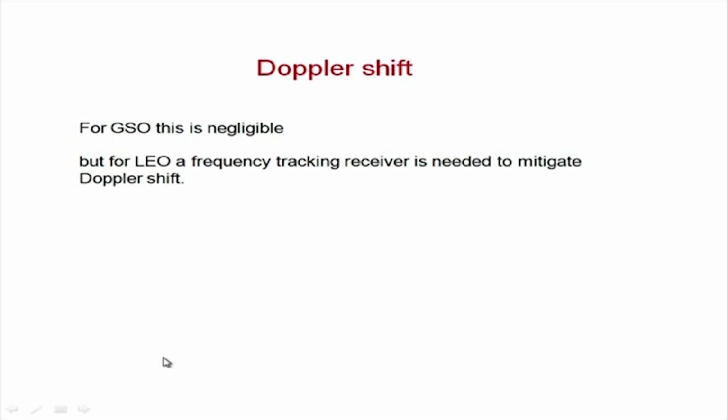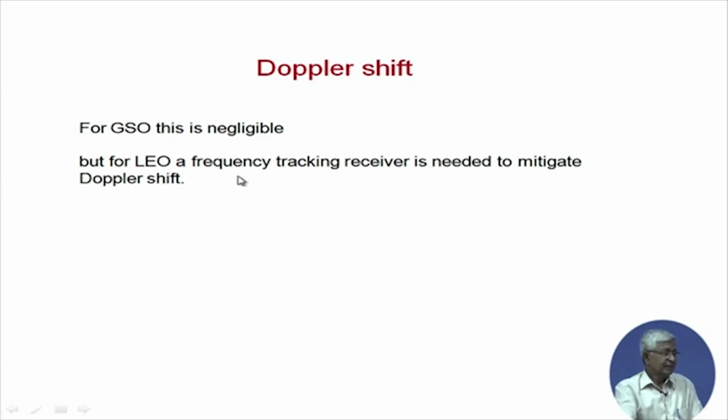Now, this Doppler shift is negligible for GSO. For a low Earth orbit satellite, a frequency tracking receiver is needed to mitigate this Doppler shift.